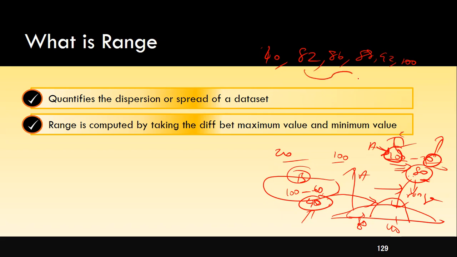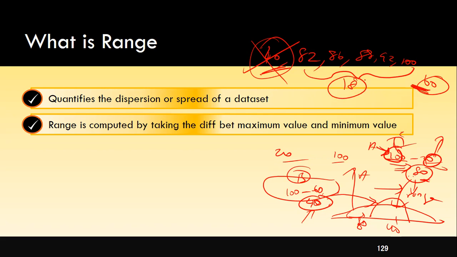If you see, the majority of the time his score was good, and only one time there was an exception. This is kind of an outlier. In this case, if you find the range, the minimum is 40 and the maximum is 100, so 100 minus 40 is 60. If you exclude 40, what is the spread? 100 minus 82 is 18.